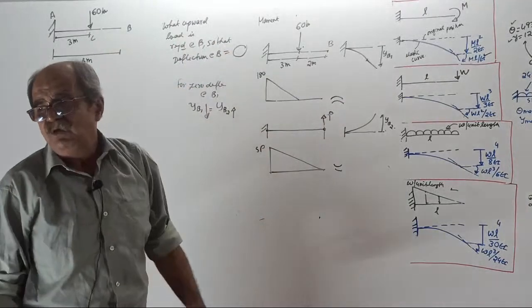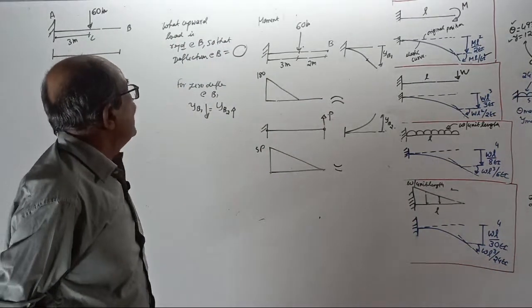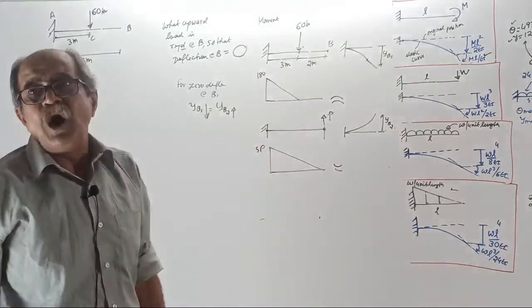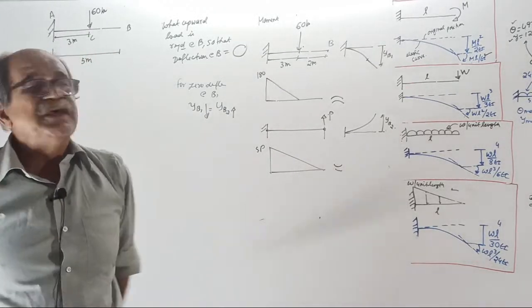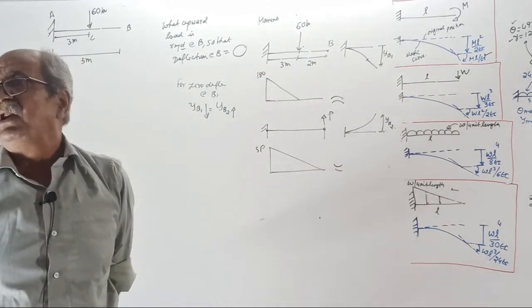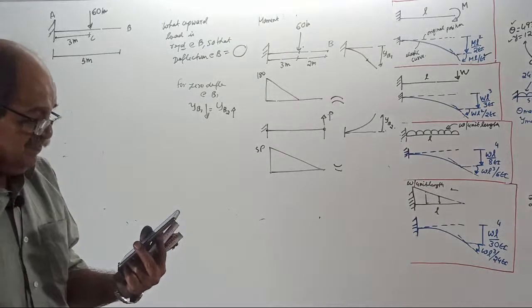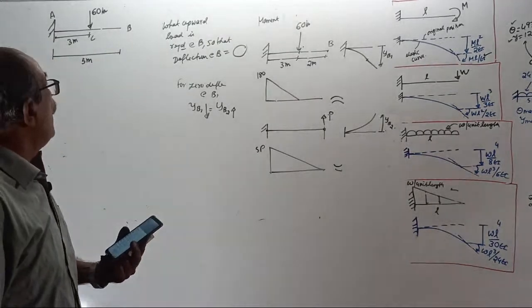When you apply 60 kN, B will come down. When you apply P, B will go up. This is an examination question given recently in one competitive examination. Question clear? They are asking you what is the value of P.